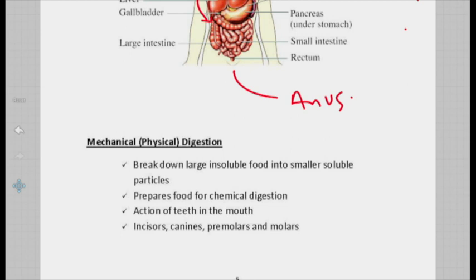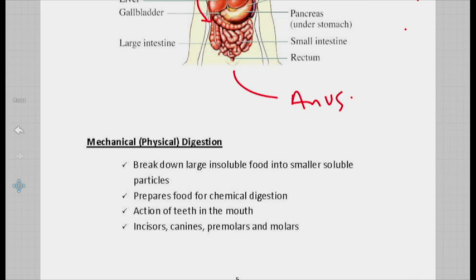Chemical from chemistry, from fluids. Fluids are associated with chemical digestion. Fluids which contain enzymes, which are substances that assist in the breaking down of these food molecules to very fine, soluble, and easily absorbable molecules. Physical digestion, that is mechanical.